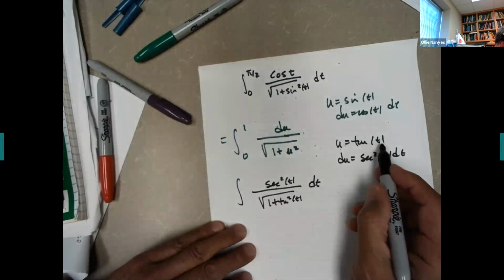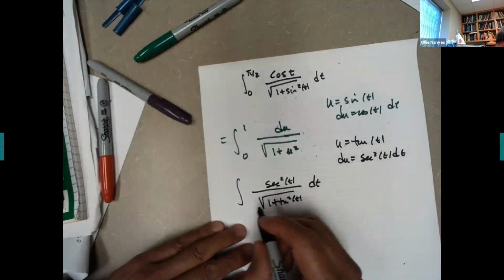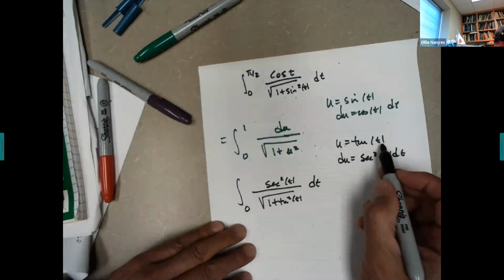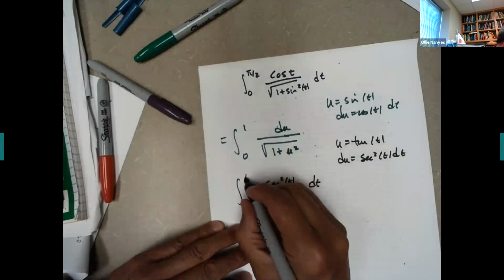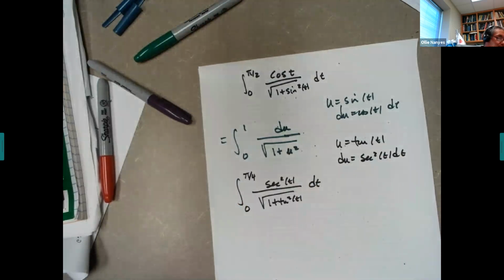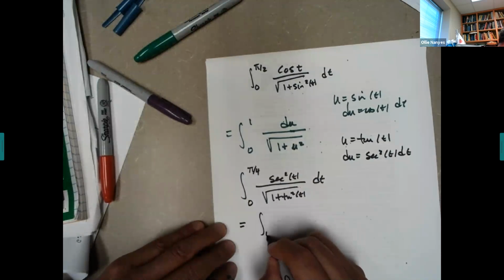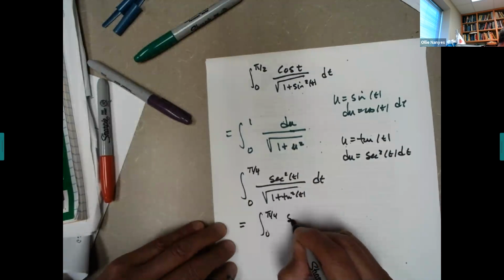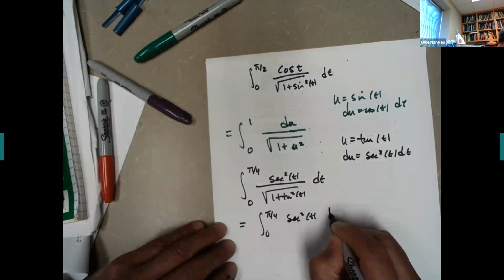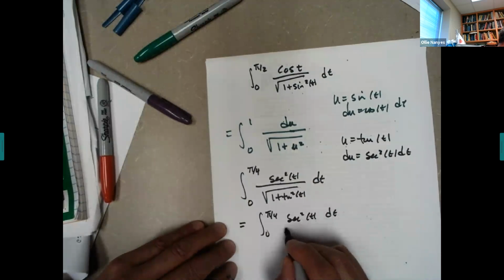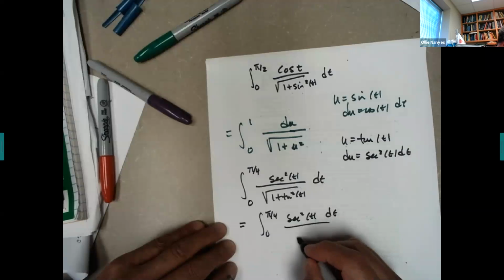Now if u is 0, t is 0. If u is 1, t is pi over 4, because tangent of pi over 4 is 1. I'm back to a t again. Well, doesn't matter. This is actually correct. That's just going to be the square root of secant squared, or secant.